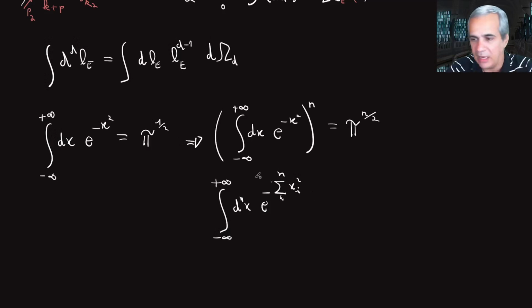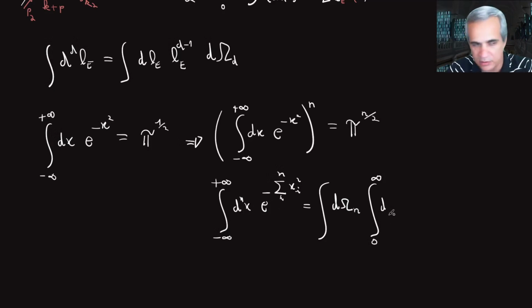And that I can write, if n is an integer, as the integral over the solid angle, d omega n, integral from 0 to infinity of the modulus of this n-dimensional vector I just created, times the exponential of minus x squared.